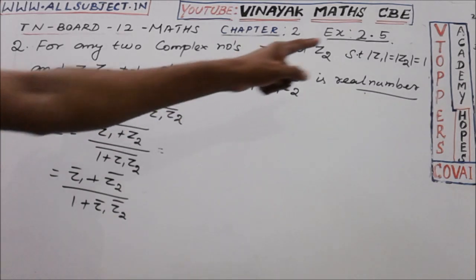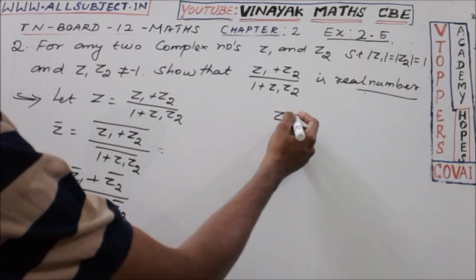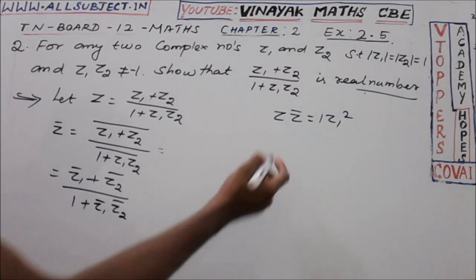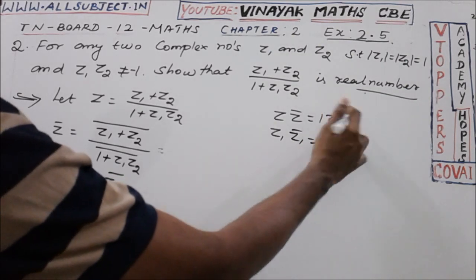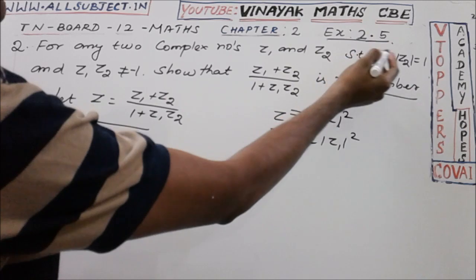Here given modulus z1 equal to 1 and z1 z2 is not equal to minus 1. We have a property z times z bar equal to modulus z square. So z1 z1 bar equal to modulus z1 square. Modulus z1 is 1.